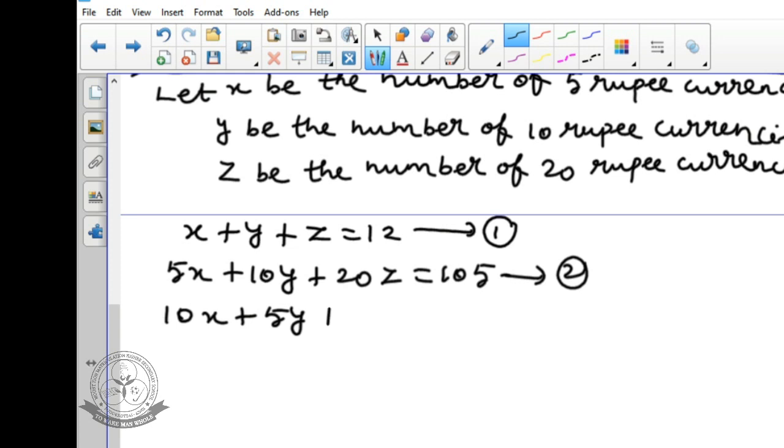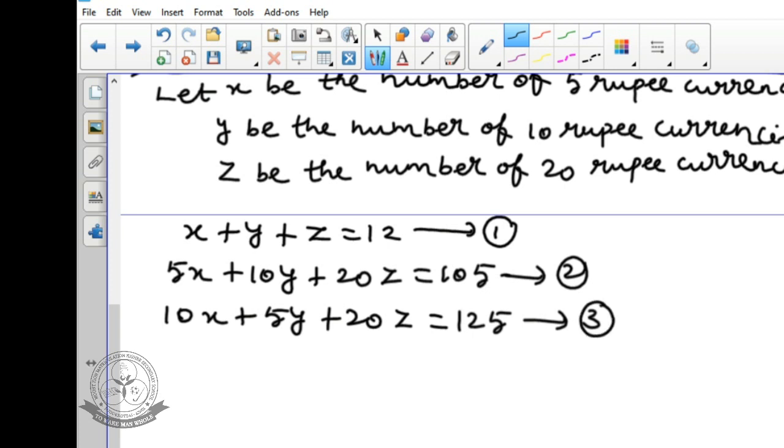First two only change, so z will be like this only. Next, they have given that on the interchange, its value will be increased by 20 rupees. Already we got the value, 105. We have to increase it by 20, so 105 plus 20 we get 125. This is our third equation.